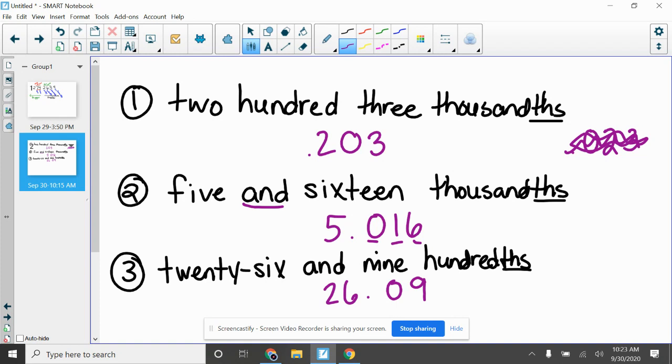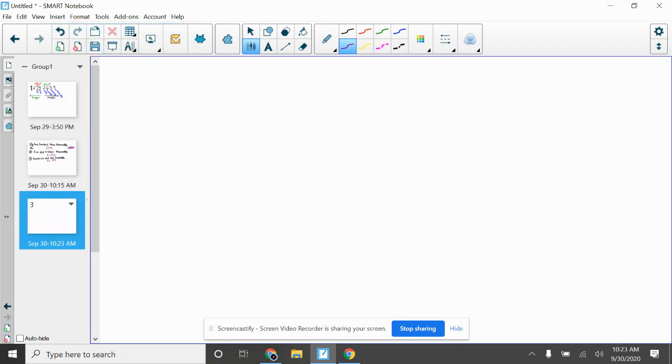All right, so now let's look at what happens if we reverse this. What happens if instead of having words, I give you a decimal, and I want you to turn this decimal into a fraction? Let's try this.